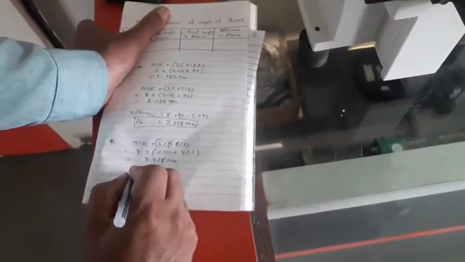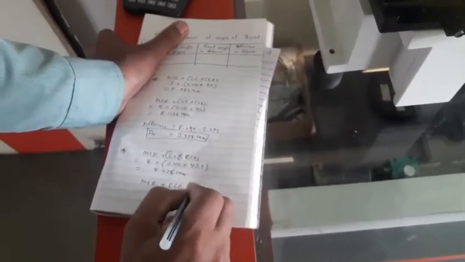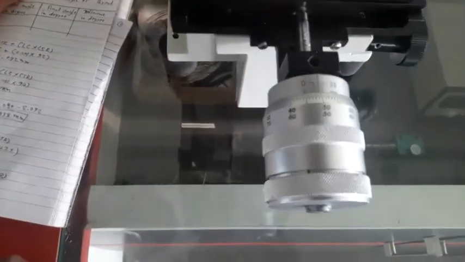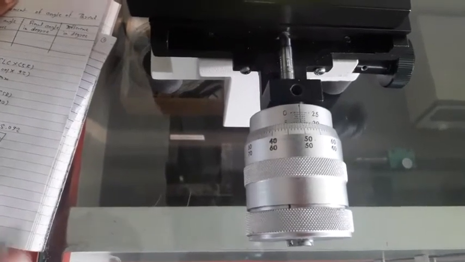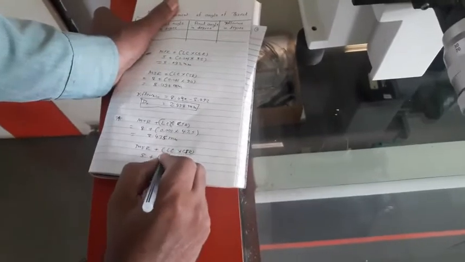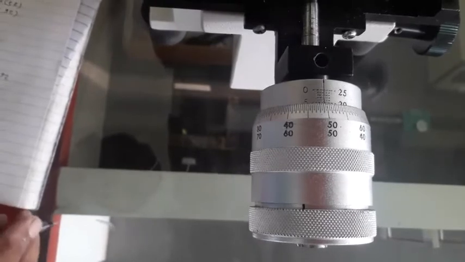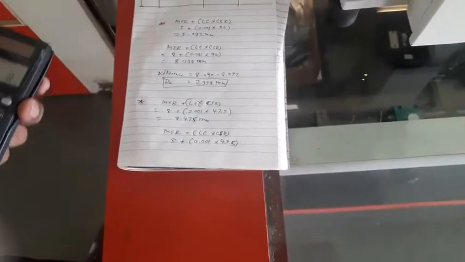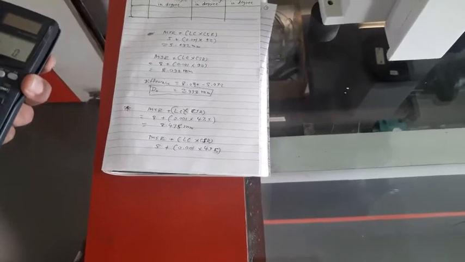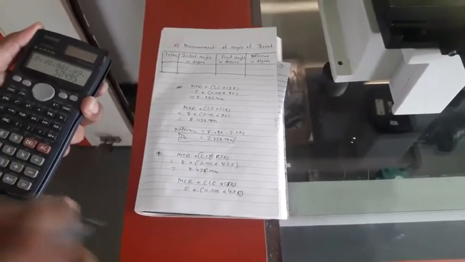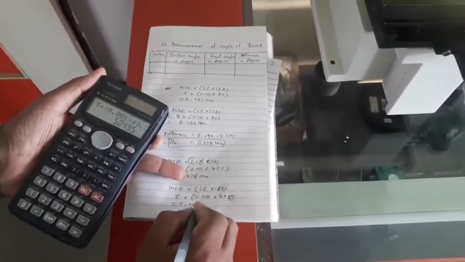Similarly, we will take the reading for the upper root line. Main scale reading for this is 5 mm, plus LC 0.001 into circular scale reading, which is 49.5, equal to 5.0495.